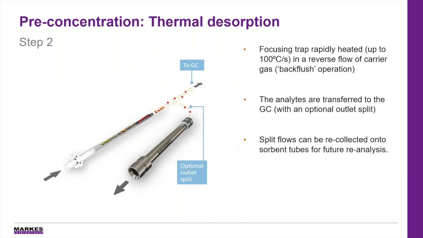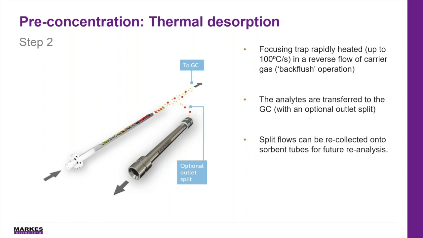Now, step 2 of this pre-concentration effect is the desorption of the trap. Once our compounds are on the trap, we then need to heat them up again to release them into the flow of carrier gas. And again, we're doing this in backflush. So we're releasing the compounds off and they're going into the GC.